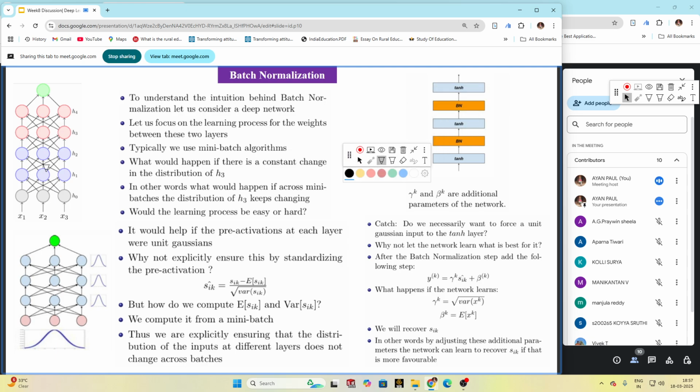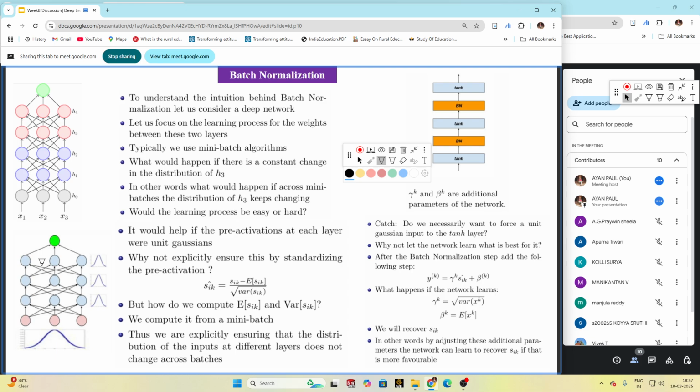Whenever we are applying an activation function, the distribution of the neurons in the hidden layer gets disturbed many times because you are applying the activation function again and again.